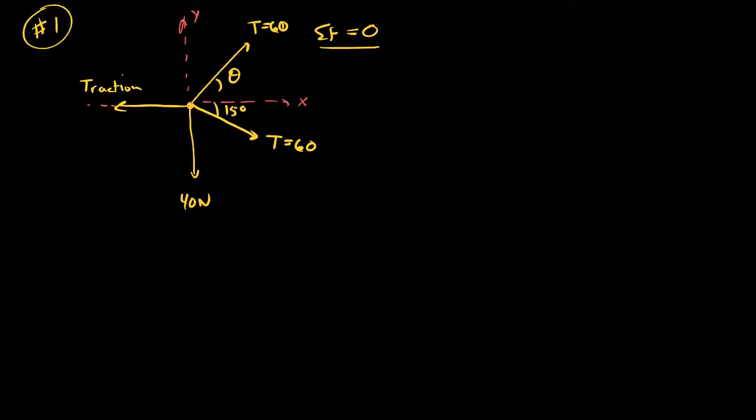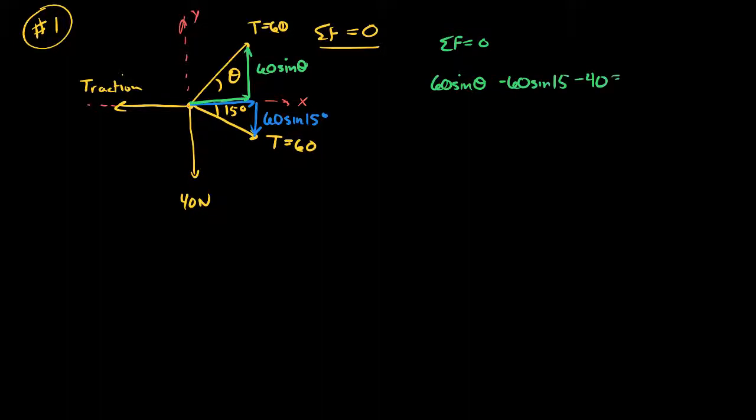So first I notice that there is two tensions here, with this one being 60 sine 15 degrees, and two tensions here, with this one being 60 sine unknown angle. Net force equals 0. So 60 sine theta minus 60 sine 15 minus 40 equals 0. Booyah. That's how you get theta.